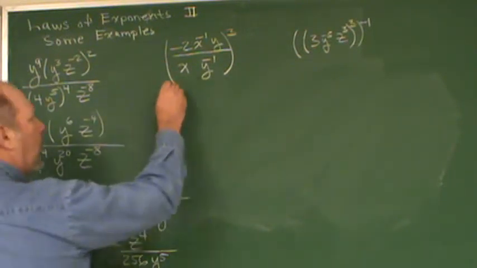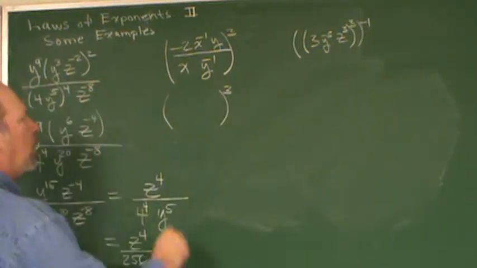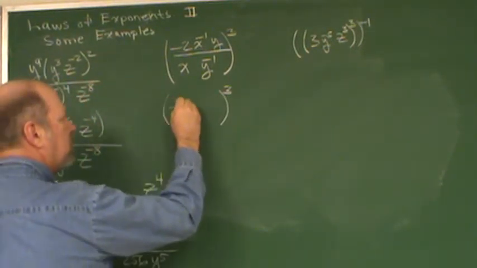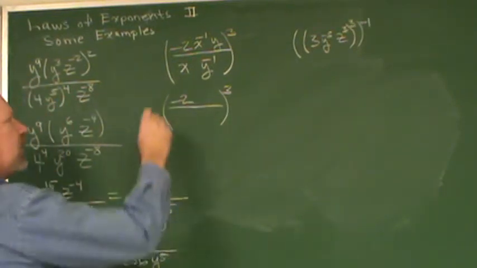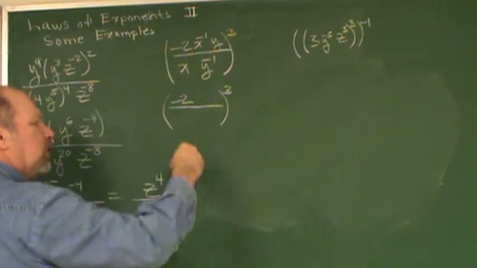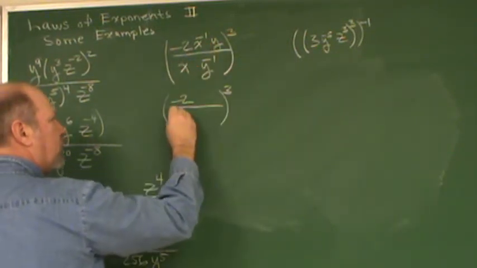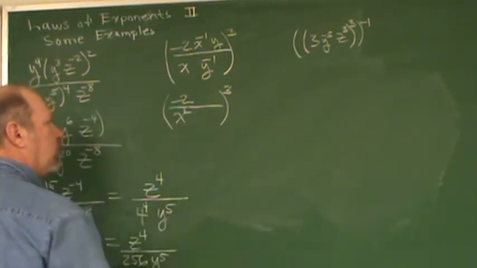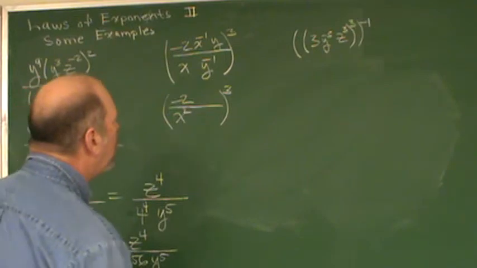Okay, so I'm not going to do anything with the cubed right off the bat. Negative 2 is not really going to simplify with much of anything, so I'll just leave it alone. X to the negative 1 goes downstairs. You can think of it as moving the x downstairs. That gives you x to the first times x to the first, or x squared. However you think of it, it's fine. As long as you come up with x squared on the bottom, we're good.